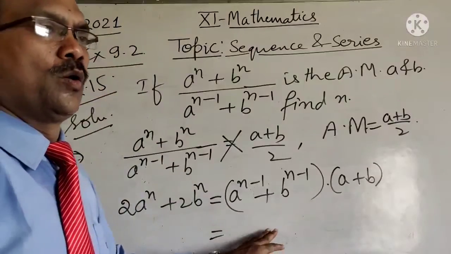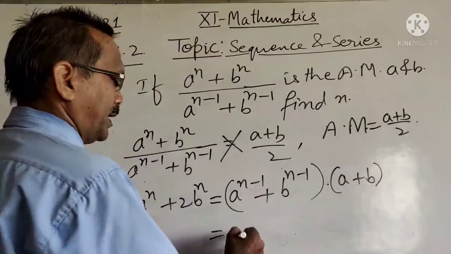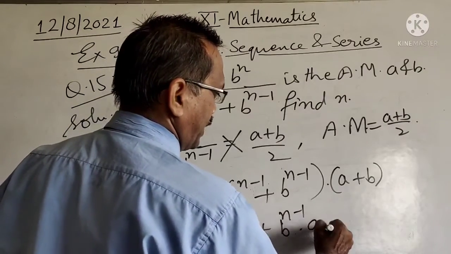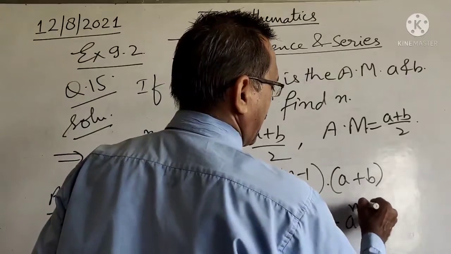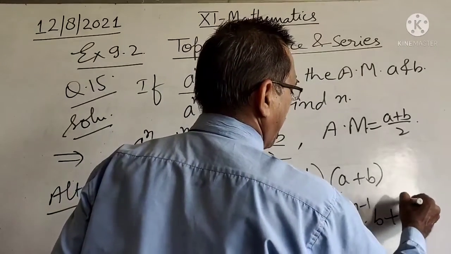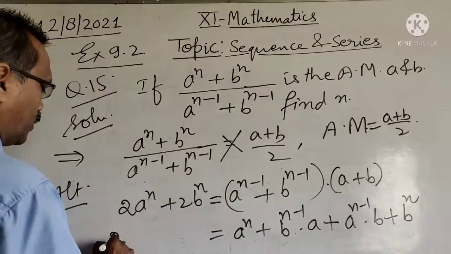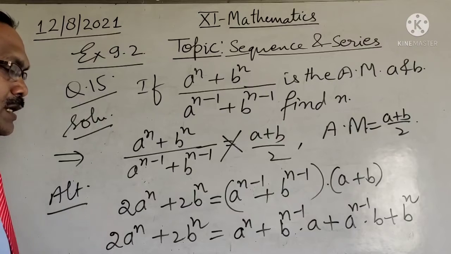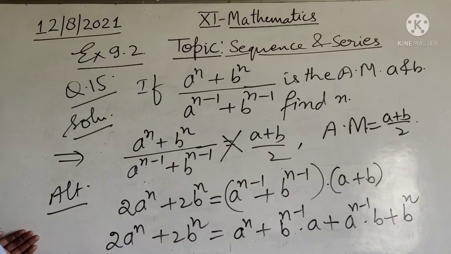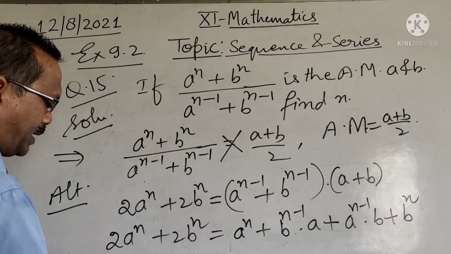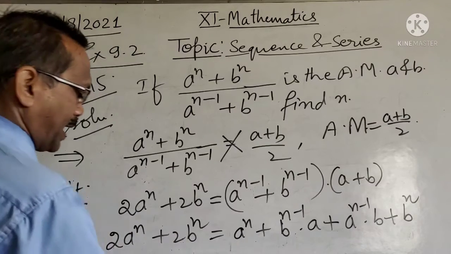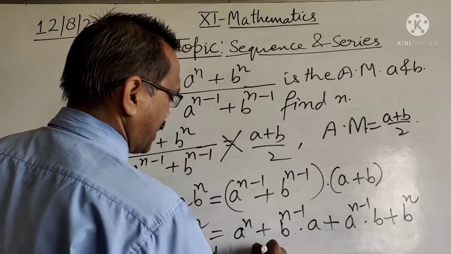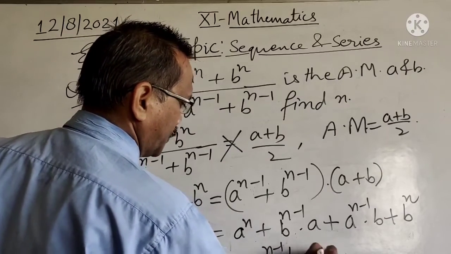If we open the brackets, then we will get a power n plus b power n minus 1 into a plus a power n minus 1 into b plus b power n. Now, shifting all the terms to the left side, we will get a power n plus b power n minus b power n minus 1 into a minus a power n minus 1 into b equal to 0.